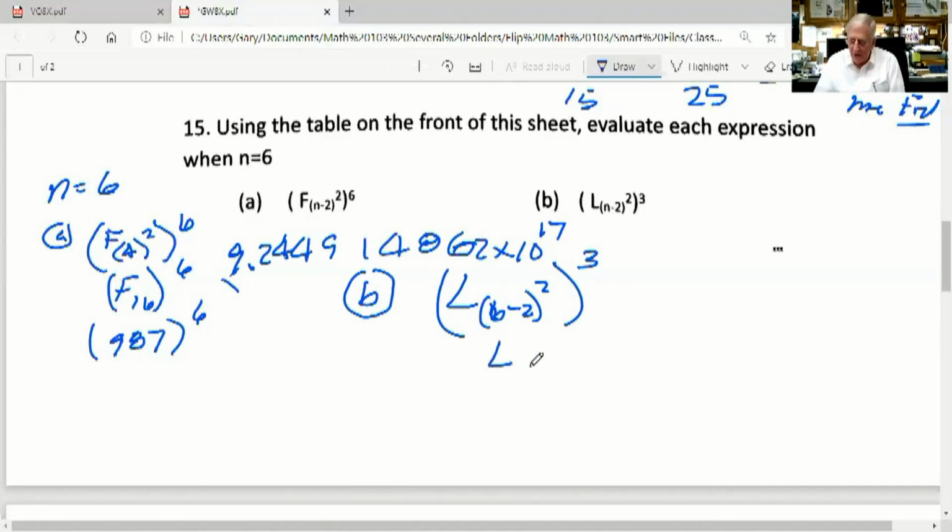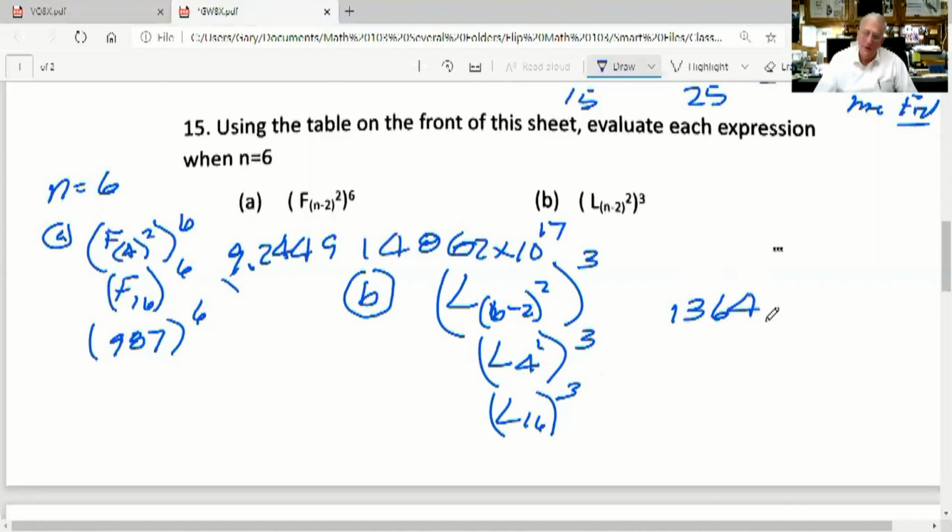So I'm going to take the Lucas 4. 4 squared is what? 16. And then I'm going to take that to the 3rd power. So Lucas 16 cubed. If I look at Lucas number 16, it is 1364, right? And now I have to take it to the 3rd power.